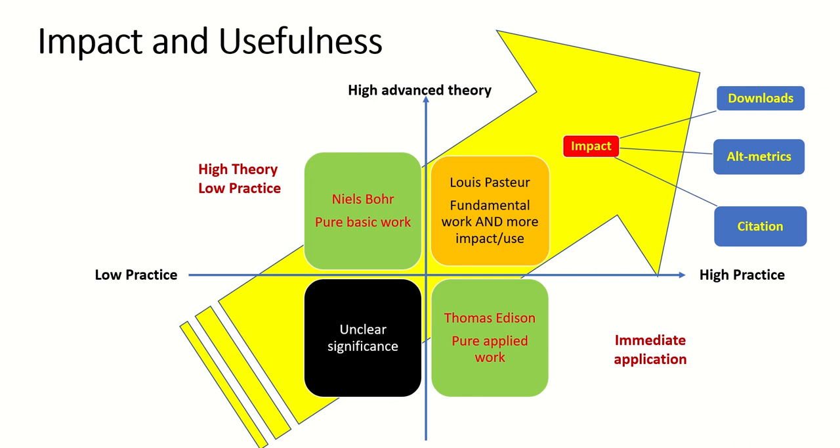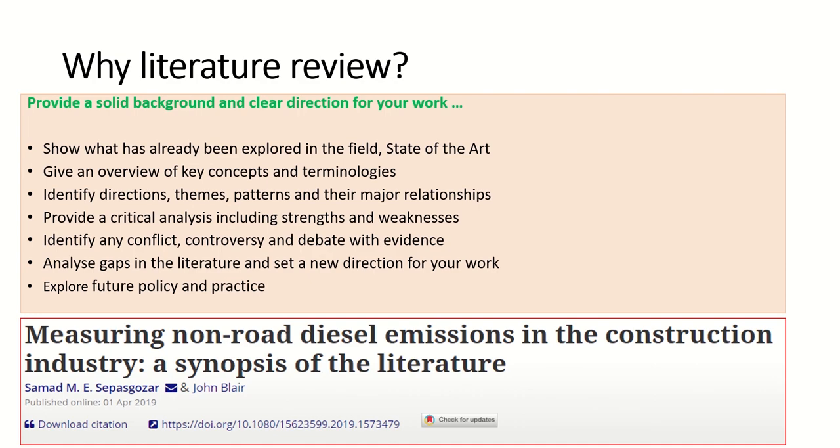But these indicators are not perfect, because they can't give you an insight into that specific work in terms of impact in the short term, because it needs some time, a couple of years, to get more citations for a specific paper. So you can't get scientific citations in 1 month or 2 months. So it's not really a good measure sometimes.